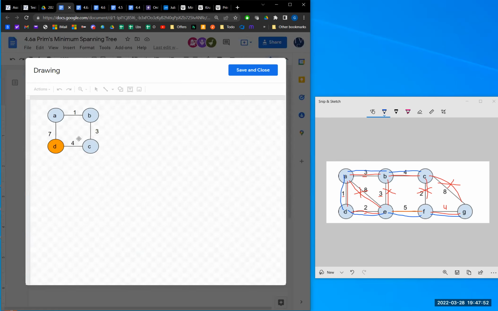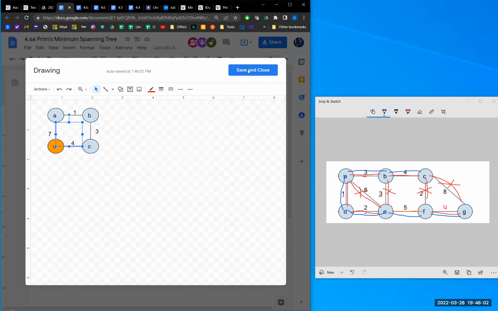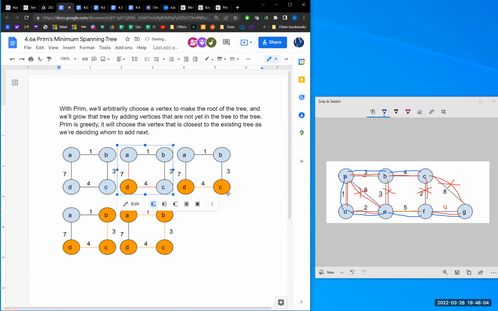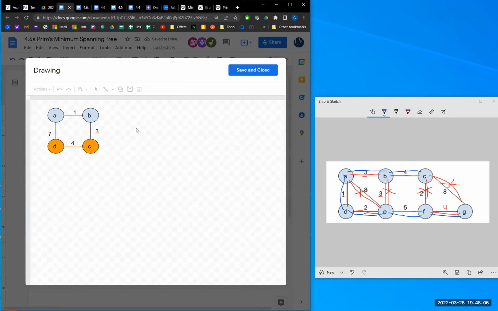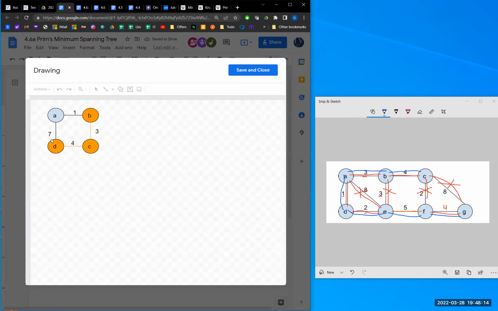Let me go ahead and add some colors here. Let's try that again. Let's make those red as potential edges to choose from. Potential edges.